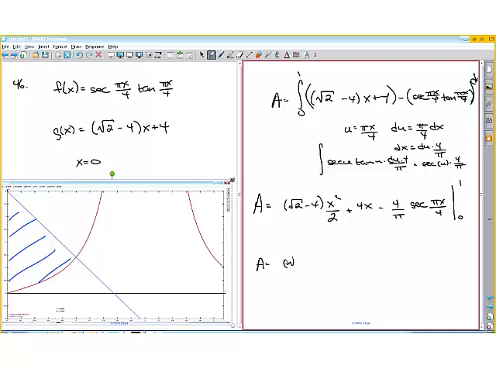For 1, you get the square root of 2 minus 4 times 1 squared divided by 2, plus 4 times 1.